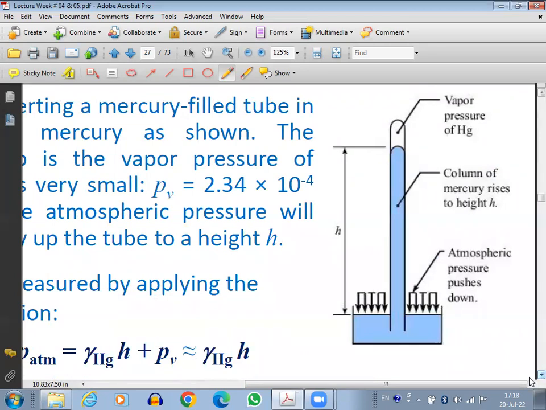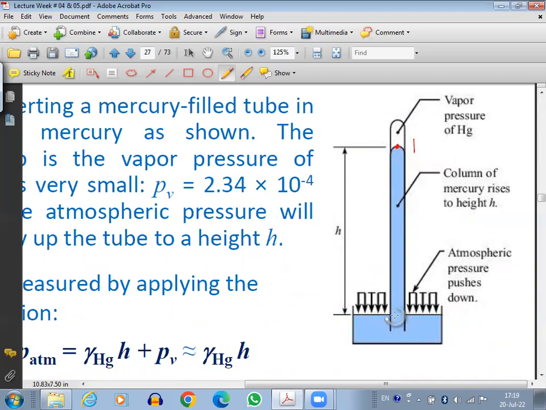Now, even here, our analysis would be similar. Now, look here. Let me name this point 1.